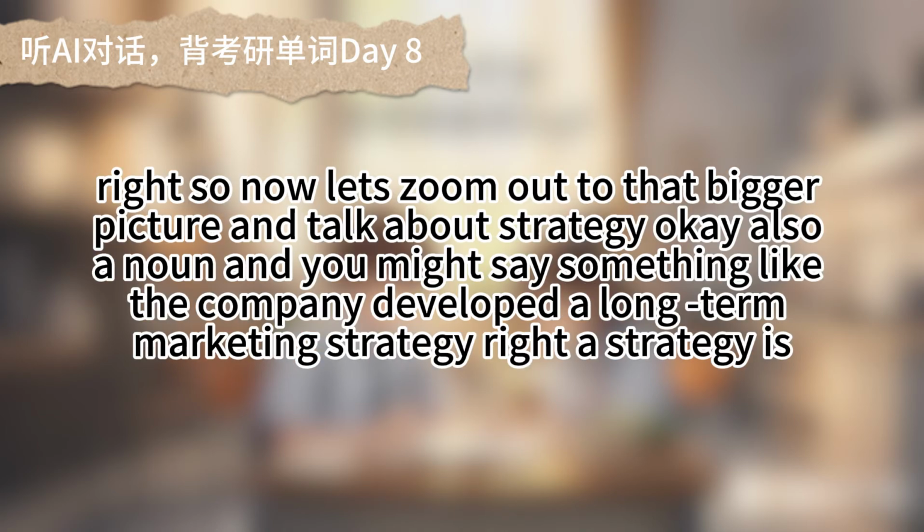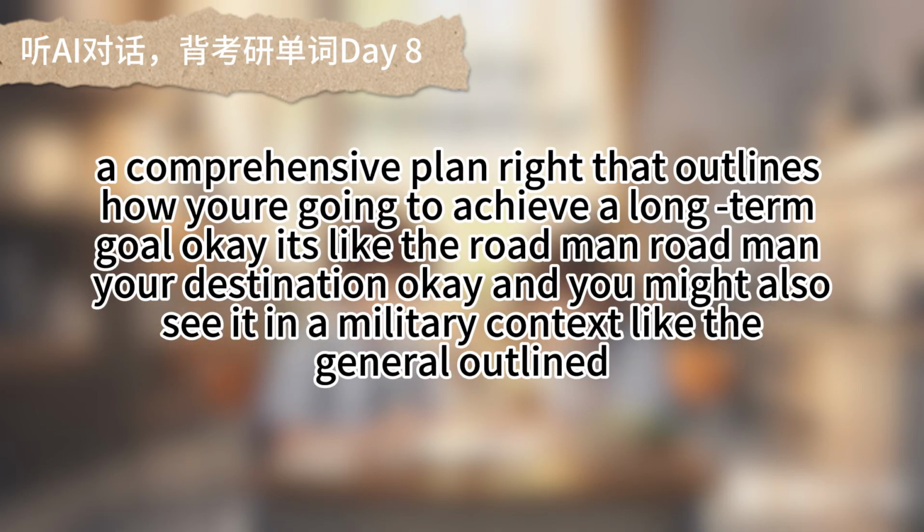All right. So now let's zoom out to that bigger picture and talk about strategy. Also a noun. And you might say something like, the company developed a long-term marketing strategy. A strategy is a comprehensive plan that outlines how you're going to achieve a long-term goal. It's like the roadmap to your destination. And you might also see it in a military context.